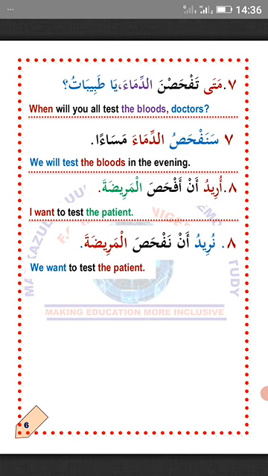Number 8. أريد أن أفحص المريضة. I want to test the patient, referring to a female patient, someone who is sick or ill. Remember that أن is an agent of fatha, so its grammatical duty is to mark the last letter of the present tense verb appearing after it.